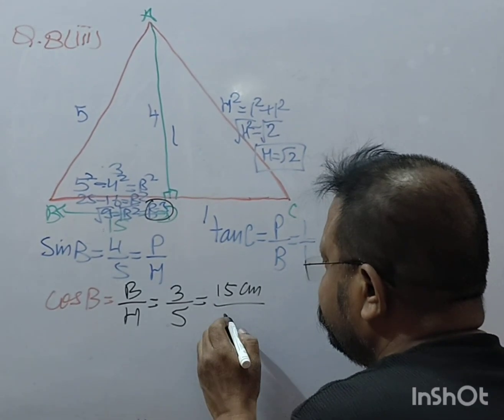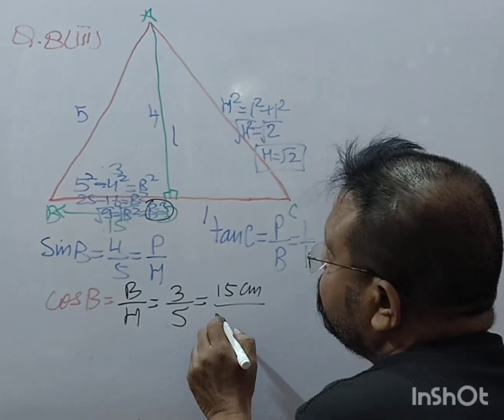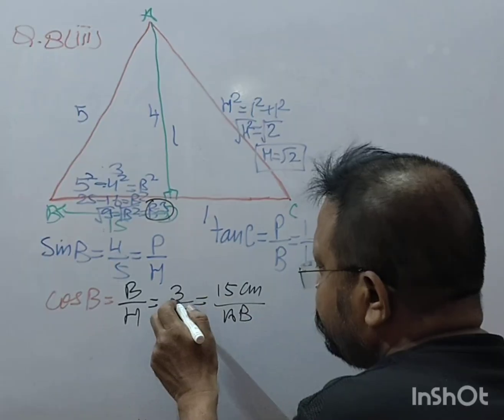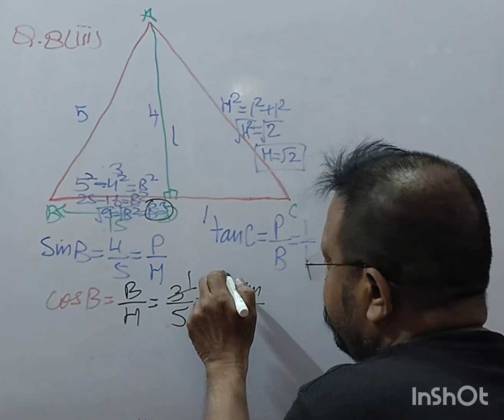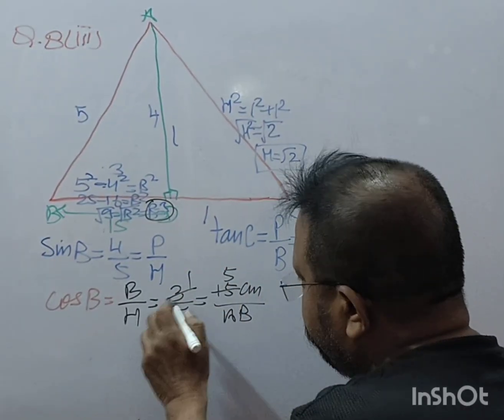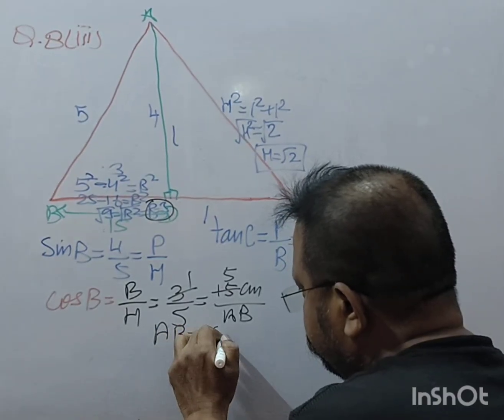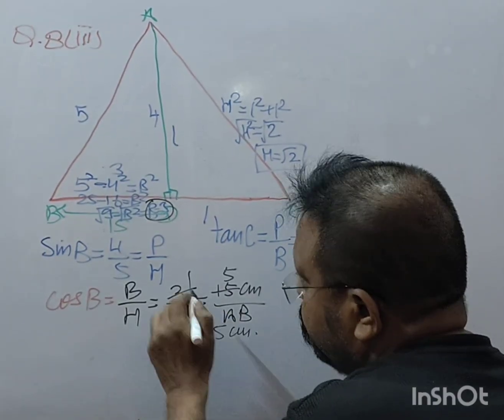hypotenuse? Like AB. So it is 5 times 3 becomes 15 and 5 into, so AB is equal to 25 centimeter. I went wrong.